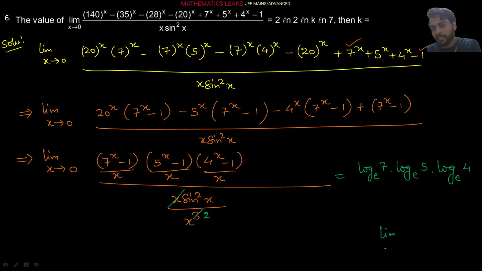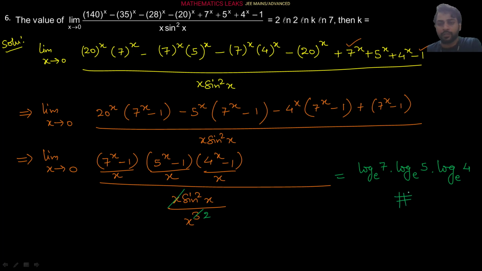So limit x tends to 0, sine square x upon x square means (sine x upon x) whole square, right? Now whole square, so the limit will go inside using the fundamental law of limit, so that will be nothing but 1 only, so 1 square is 1 only, clear na? So using this we can say the denominator part is nothing but 1 only.